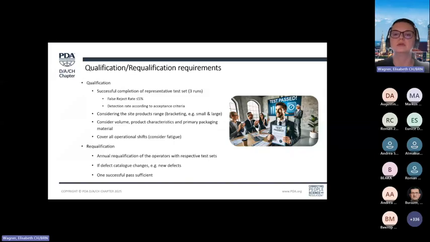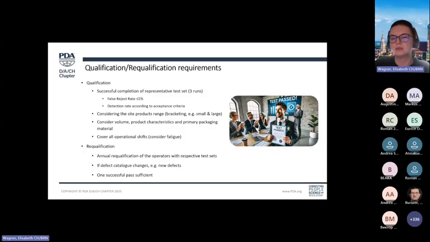What are now the qualification requirements? This is also taken from USP 1790, which is in general a good guidance for visual inspection. The operators have to qualify on 3 representative test sets or from 3 runs, and the false reject rate should be equal or below 5%.